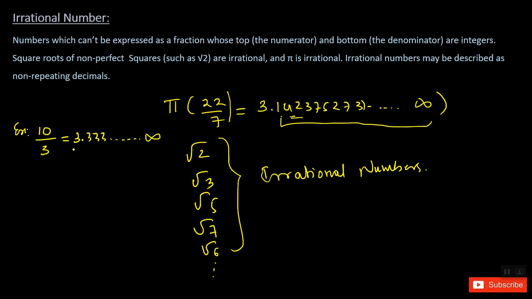So this is said to be a rational number. The numbers are said to be irrational if after the decimal point they are non-repeating decimals. If the numbers are repeating decimals, they are called rational numbers. So 10 by 3 is a rational number, but 22 by 7 is an irrational number. Okay.